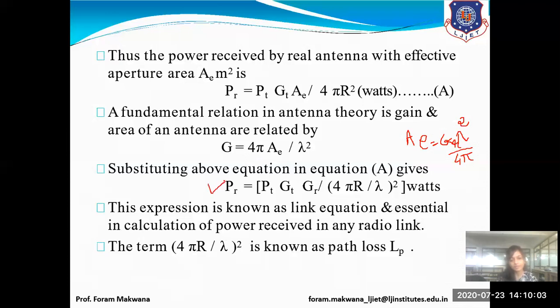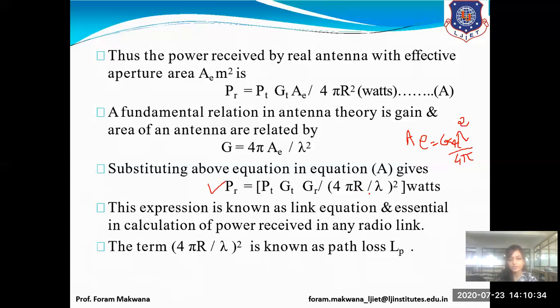We can say that from this expression, the received power depends on, first, the transmitting power, the gain of the transmitting antenna, the gain of the receiving antenna, how much distance there is between the transmitting and the receiving antenna, and its wavelength. Alright, so this is the expression for received power, and the unit is watts.